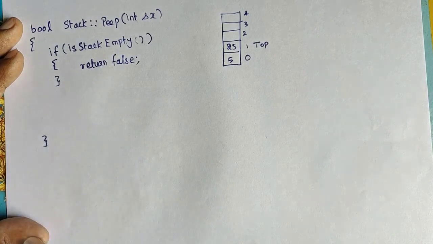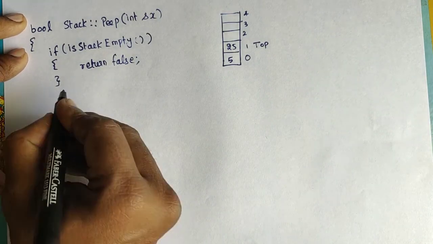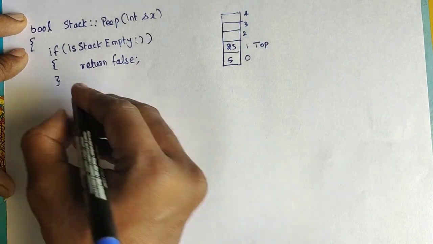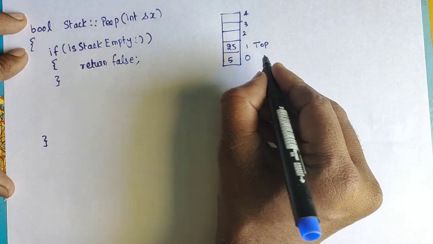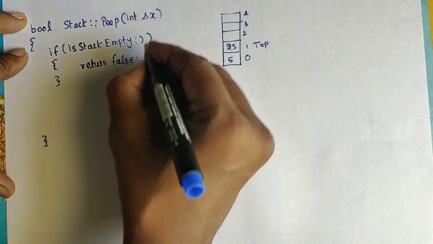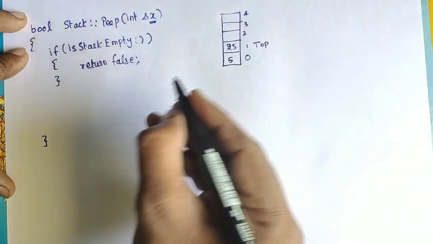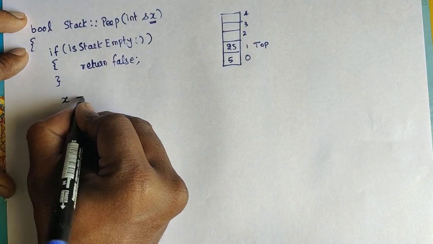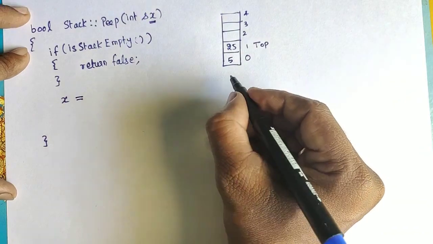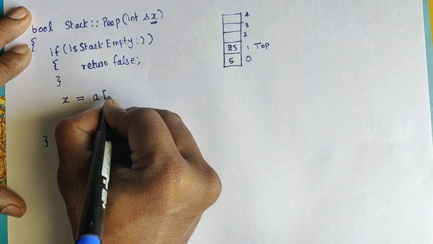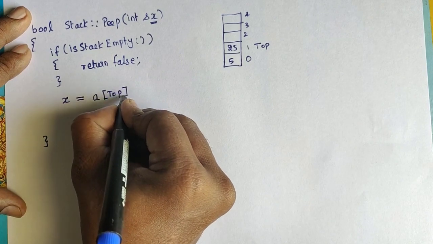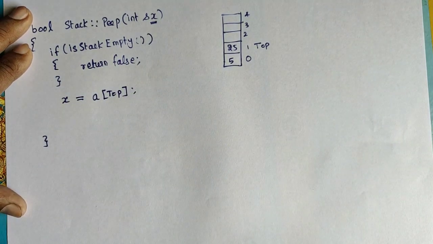And then here I have to write the code for returning the element. Return means it is going to return the success message after updating the x value. So x needs to be updated with the recently inserted element. The recently inserted element is nothing but the top value, so a of top. So we have updated x with the recently inserted element.